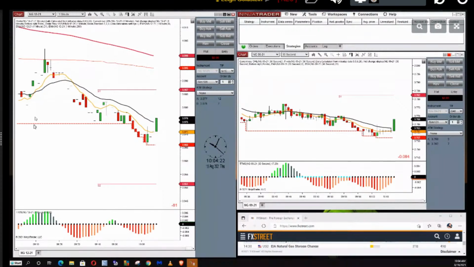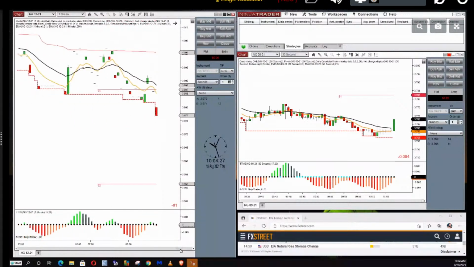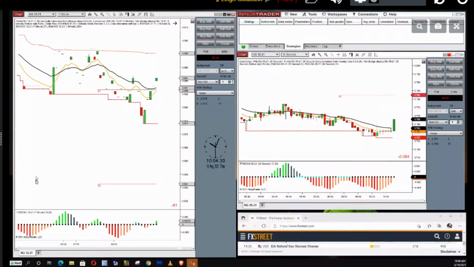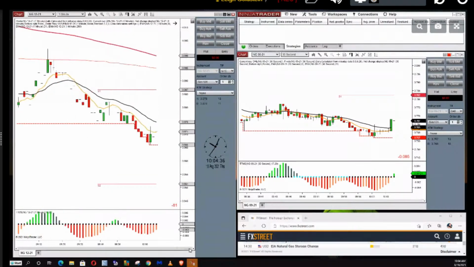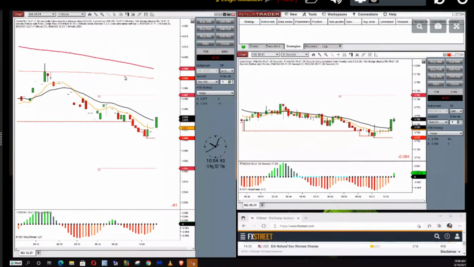So if you have a chart with a lot of unformed candles, and it especially becomes more obvious as you scroll back to earlier in the day, again, that's not rocket science. Those are just charts you don't want to trade. So if you can't figure out what the right contract is, don't trade. Wait until you find out. You can always make Google your best friend. Google is always your best friend.